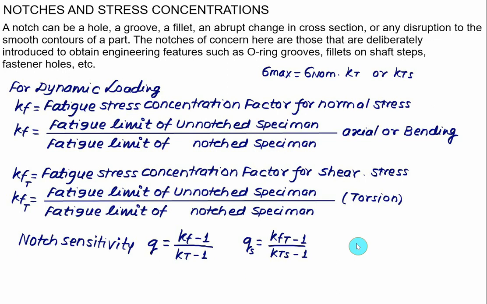The value of Q ranges from 0 less than or equal to Q less than or equal to 1. So the minimum value is 0 and the maximum value of the notch sensitivity is 1. Materials have different sensitivity to the stress concentration, which is referred to as the notch sensitivity Q. In general, the ductile material is less notch sensitive, and the brittle material is more sensitive.